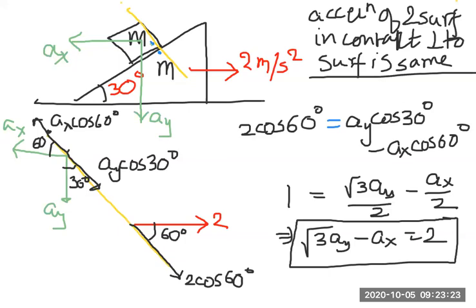The net sum of the components of ax and ay along the yellow line must be in the direction of 2 cos 60. Not only must its magnitude be 2 cos 60, but its direction must also be 2 cos 60, right?